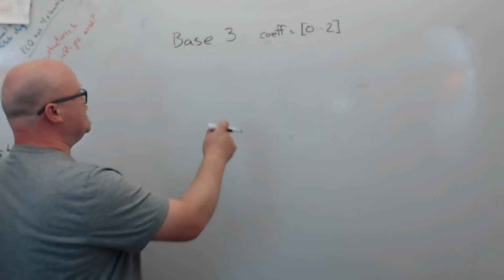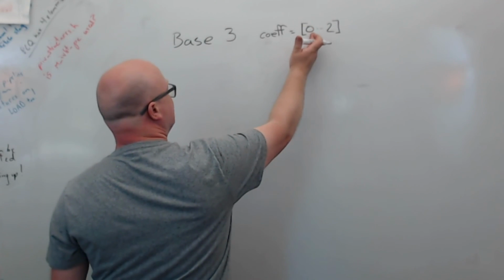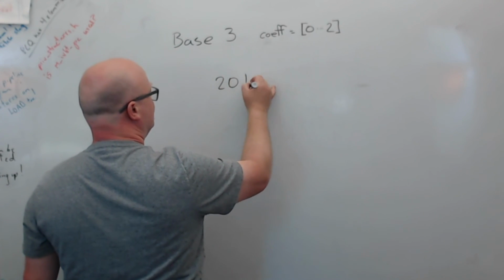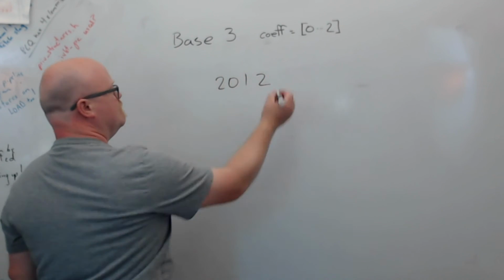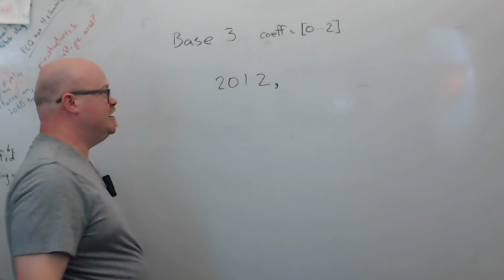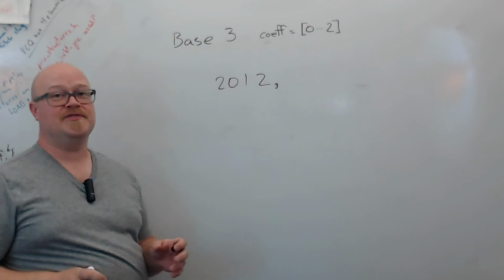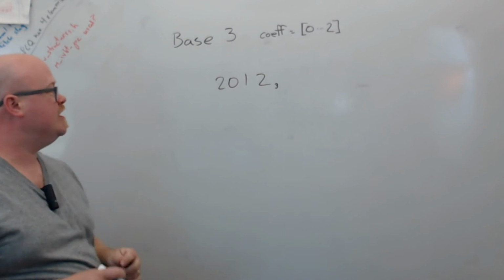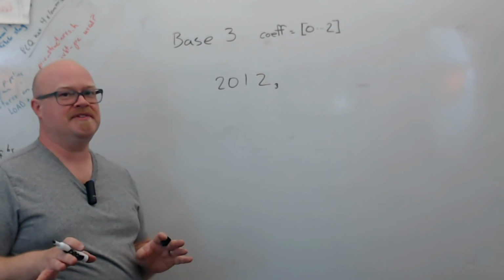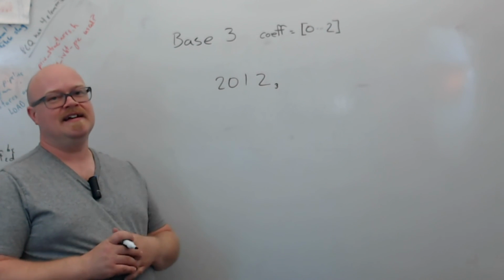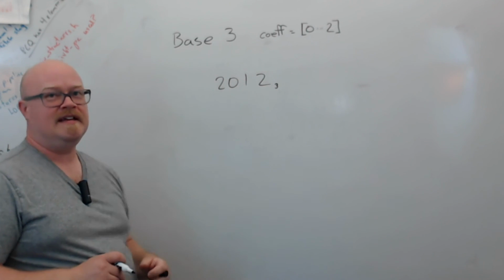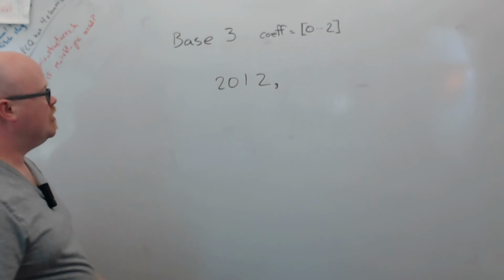So we'll just write some arbitrary number. That means each digit is 0, 1, or 2. 2, 0, 1, 2. Base 3. Just to ensure that we don't confuse ourselves that this is 2012 in decimal. Right? Probably any time I'm using an unusual base, I'll identify the base with a subscript at the end of the number.